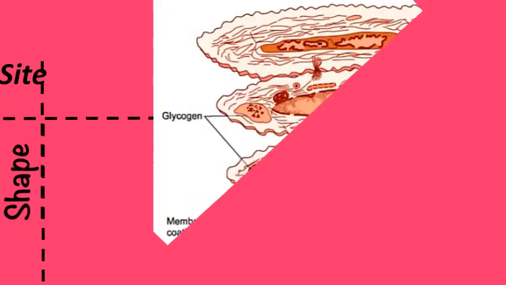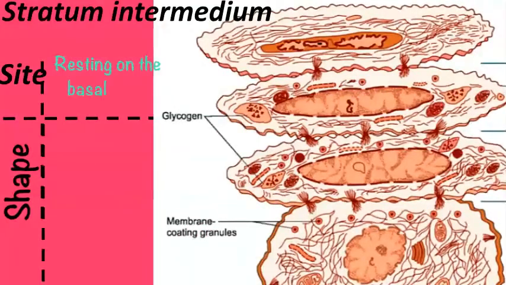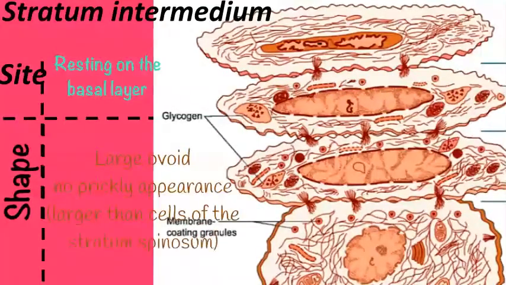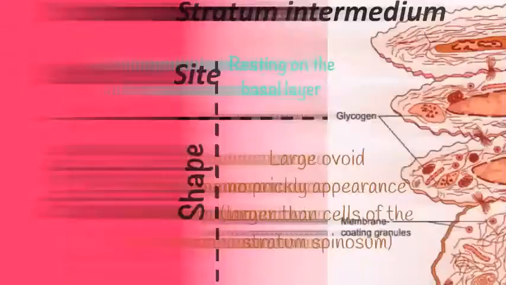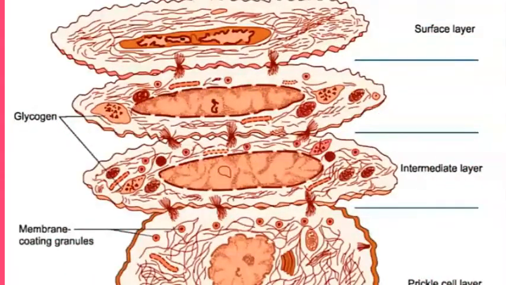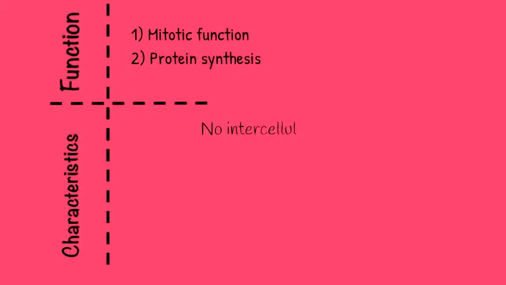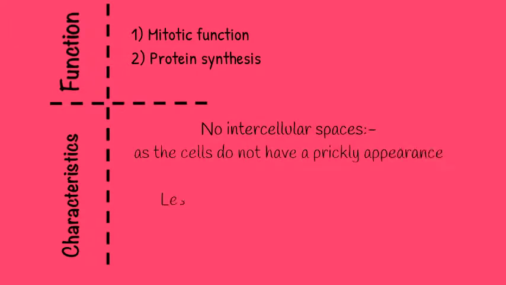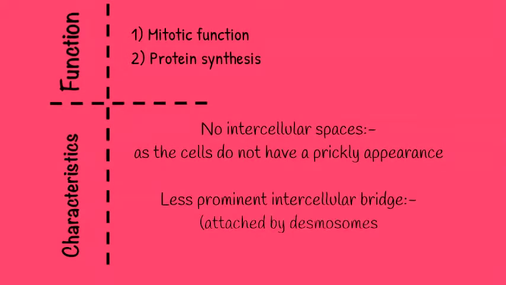The cells of the stratum intermedium are larger than those of the stratum spinosum, and their cell surfaces are more closely applied with less prominent intercellular bridges and hence lack the prickly appearance.